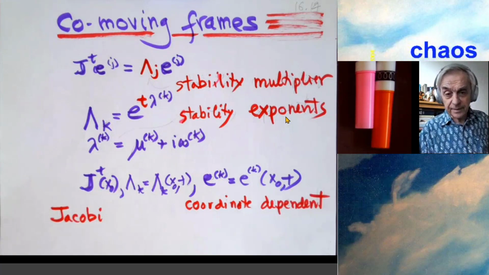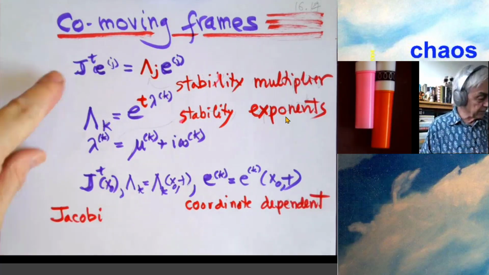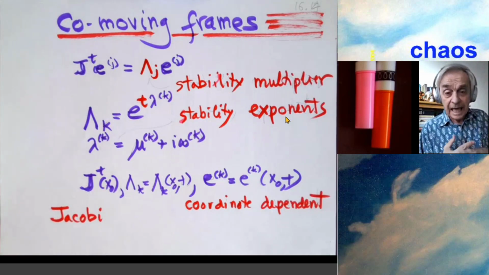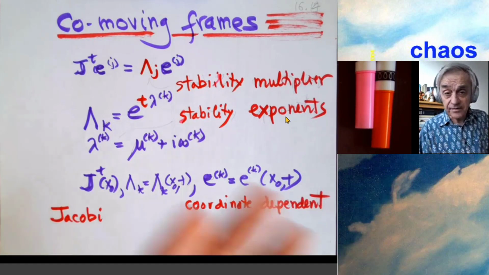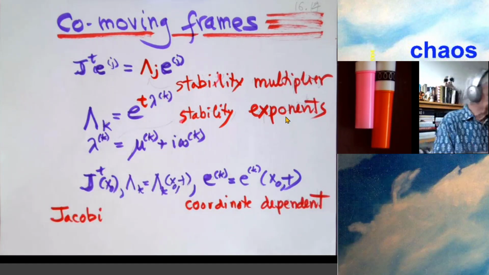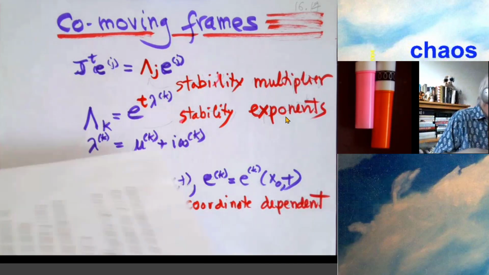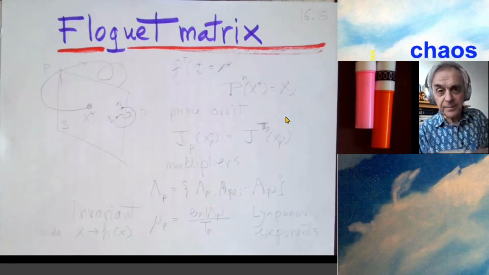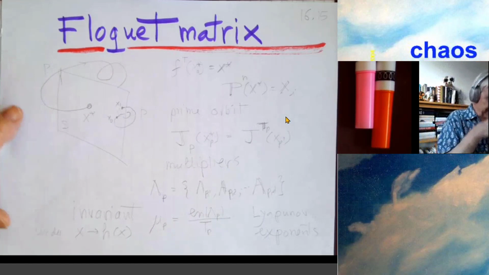So I told you there is stability. There is a correct way of thinking about it, which is in terms of finite time Jacobians. And I told you that this is all useless because it's coordinate dependent. Then the miracle happened. Change the name of Jacobian matrix to Floquet matrix.